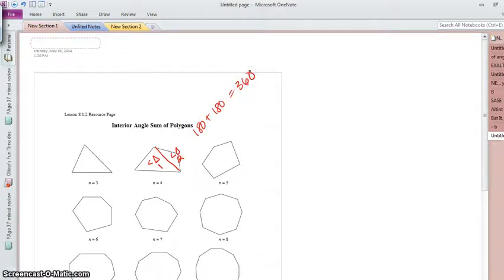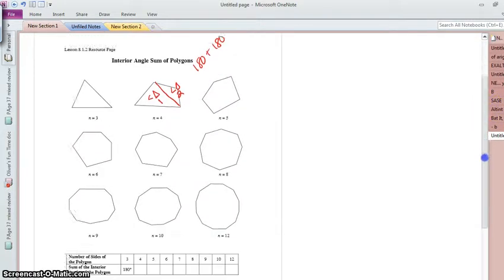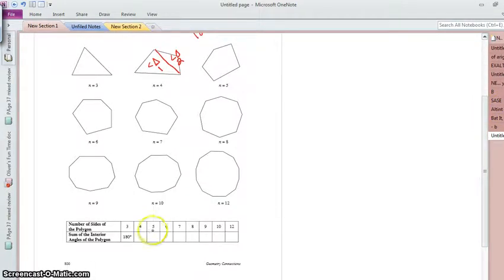Don't we know that to be true for a rectangle and also a square? So down here in the table for the four-sided figure, well, we know 360 degrees. Five-sided figure, we used a regular pentagon, but wouldn't it be true for this non-regular figure? This 180 plus this 180 plus this 180 equals 540.